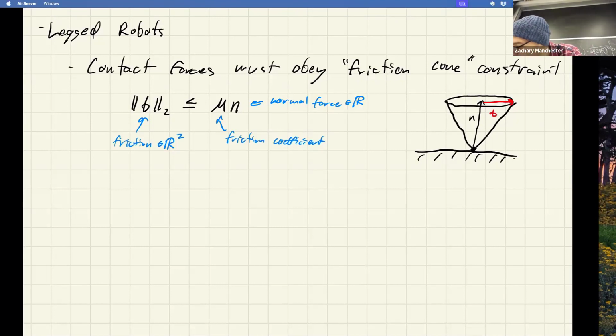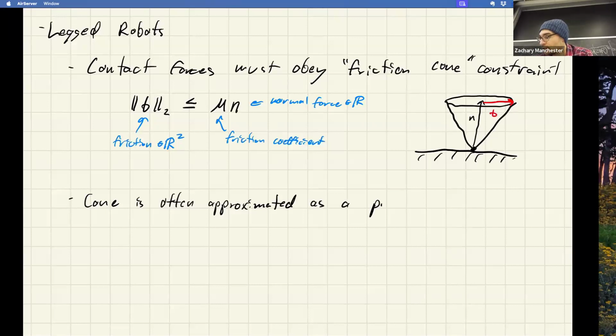And then what people often do is approximate the cone with a pyramid. Why might I do that? You don't have any ideas? The reason I do it is so that they can rewrite it as linear constraints.